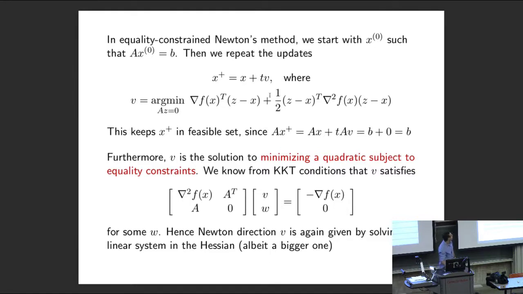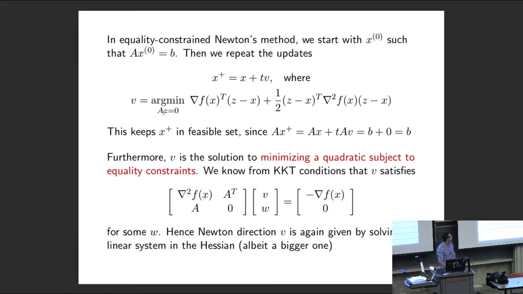For equality constrained Newton, it's just a very small change. First, we're going to start with a point that's feasible, so we find some point that satisfies the constraints, A x0 equals b. And every step v we take from the first iteration on, we're going to make sure has the property that A times v equals 0. That means we're adding something to our iterates that has zero product with A, so our iterates always satisfy the constraint A x equals b.